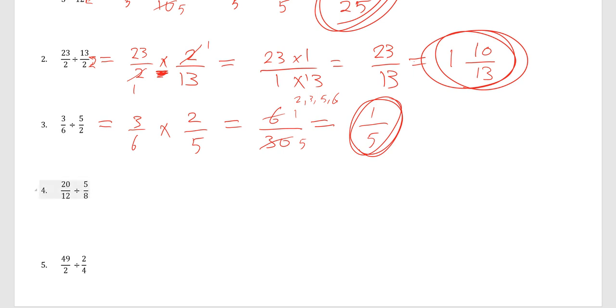Okay, 20 over 12 divided by 5/8. That gives times, flip the divisor over again, so 8 over 5. This can be simplified. Both of them are divisible by 2. So divided by 2 is 6, divided by 2 is 10, and it can be divided further by 2.